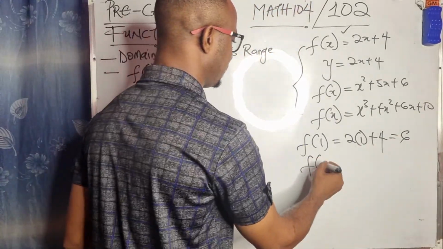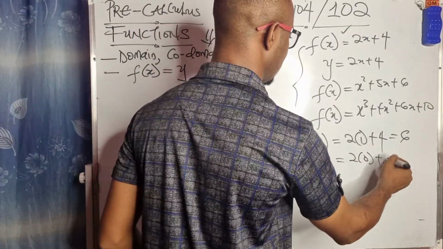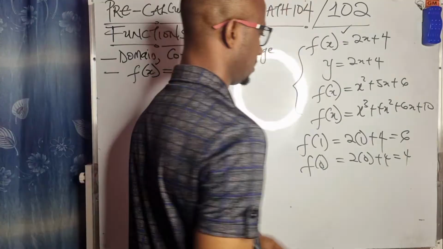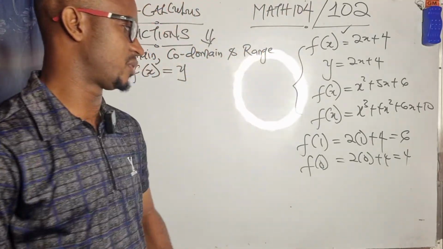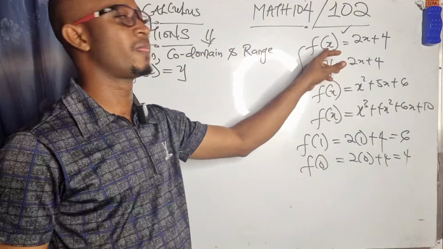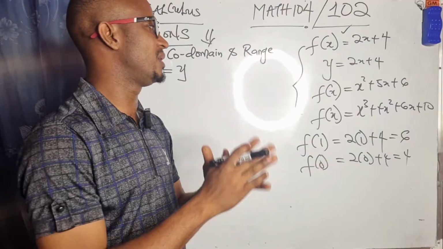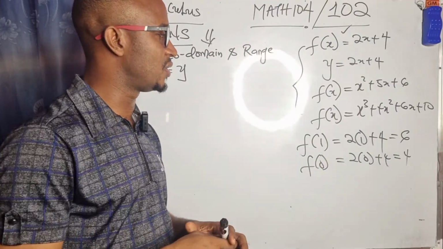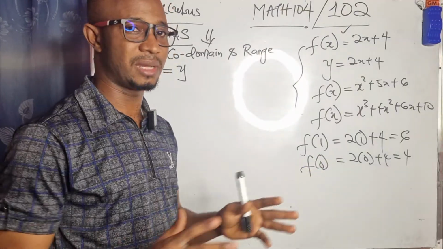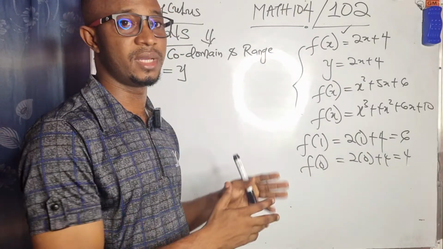We can also find f of 0, which is 2 times 0 plus 4, which equals 4. We can find any value of x. Whenever we have a polynomial function, it simply means that all real numbers are permissible numbers that can define a polynomial function.